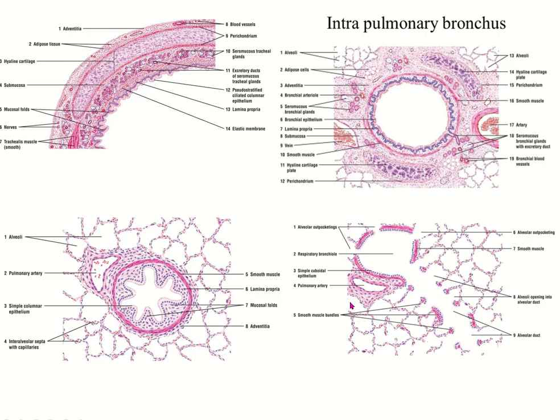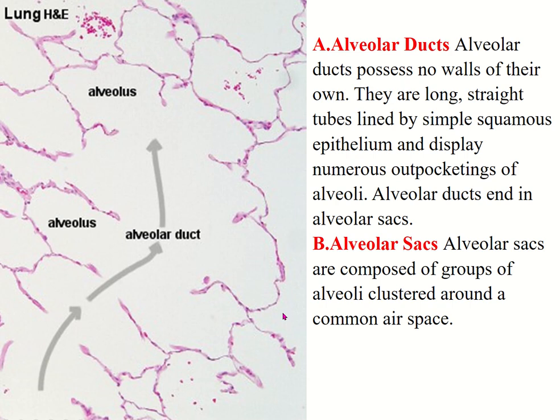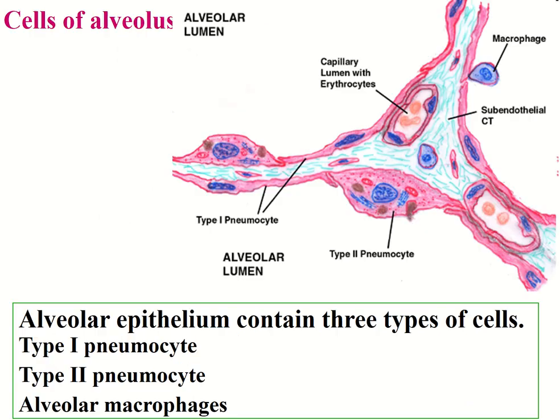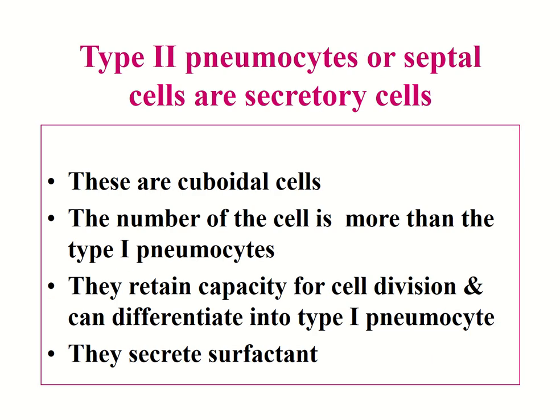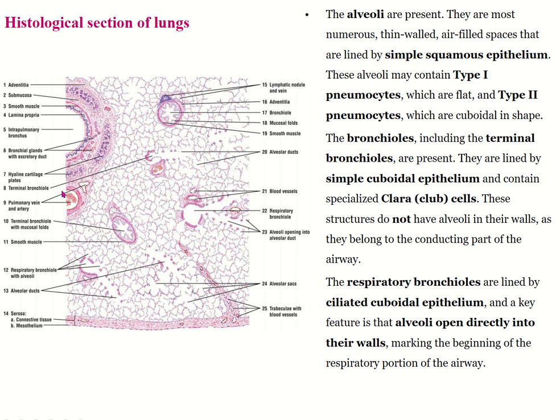So, in histology of the lung, how do you do the histology of the lung? So, this is the cross section of the lung.